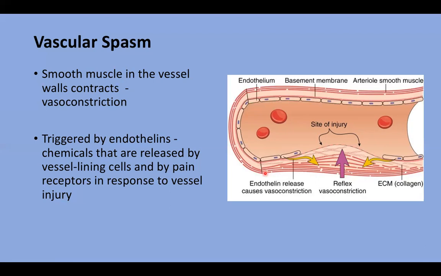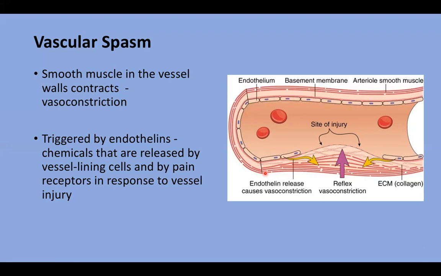Well, the vessel itself is doing a little bit of this tourniquet work too in this vascular spasm. So the smooth muscle in the vessel wall is going to contract. And as it contracts, it's going to slow the blood movement into that vessel and to the damaged area, thereby preventing blood loss.